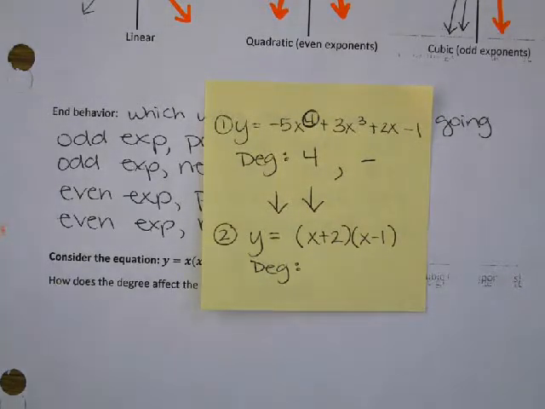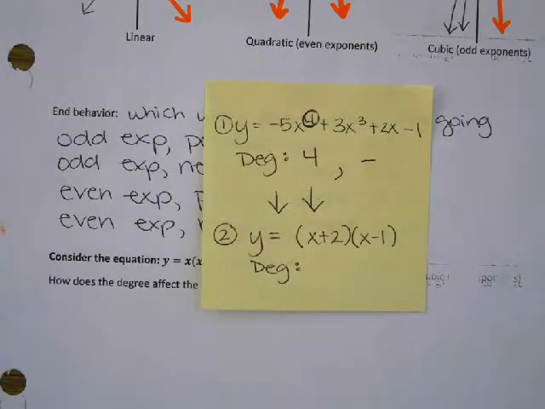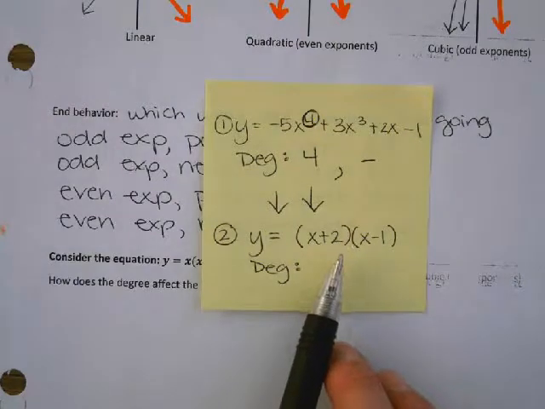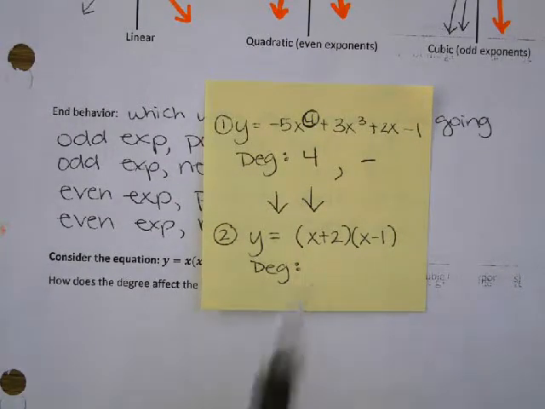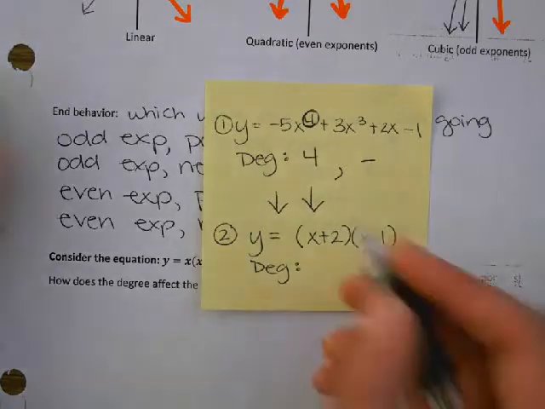Can we see the highest exponent in this one like we could in the other one? No. So what do you have to think about? You have to think about what would happen if we multiplied it out. Does anyone know what the highest exponent would be? 2. Yeah, it'd be an x squared.